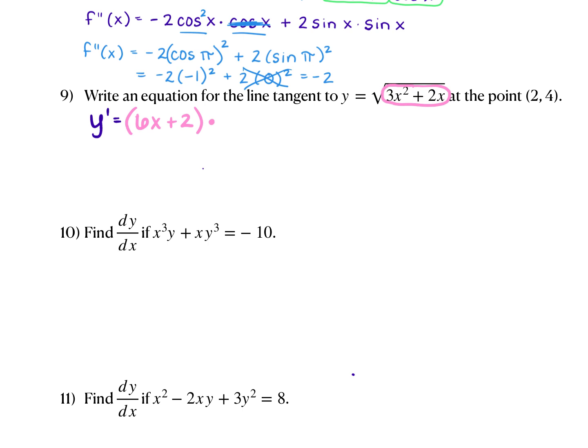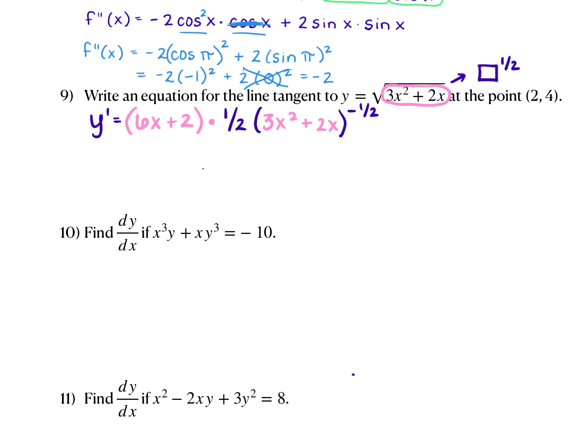Now that next derivative is a square root, which remember is the same thing as saying something to the 1/2 power. So this would be a 1/2 times something to the negative 1/2 power. That something is what's circled in pink. So 3x squared plus 2x.